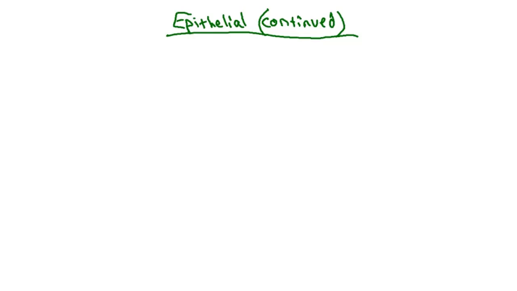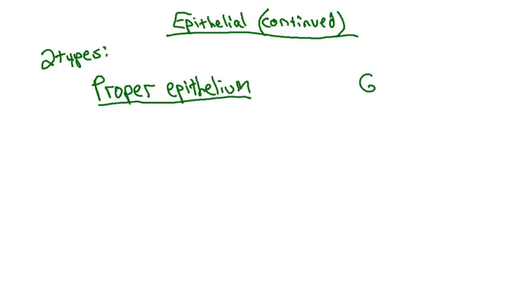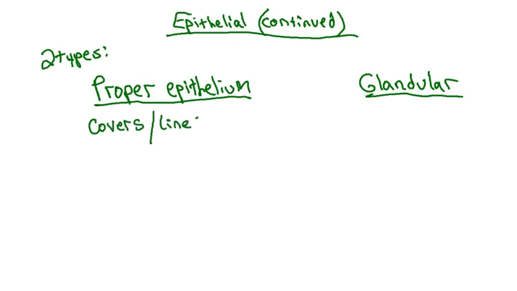Now, there are two types of epithelial tissue. There is what they call proper epithelium, and glandular. Proper epithelium is what we normally think of when we think of epithelial cells or epithelial tissues. It covers and or lines, there's that word again, lines, by that I mean wallpaper.